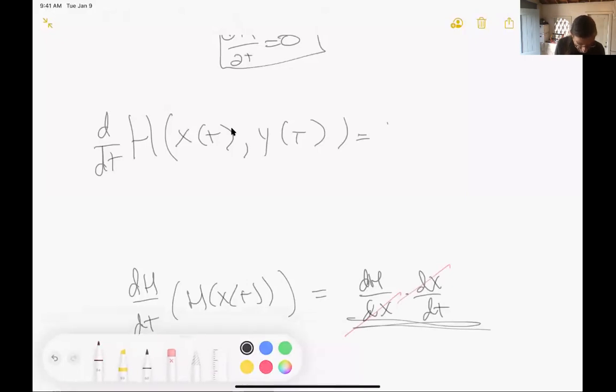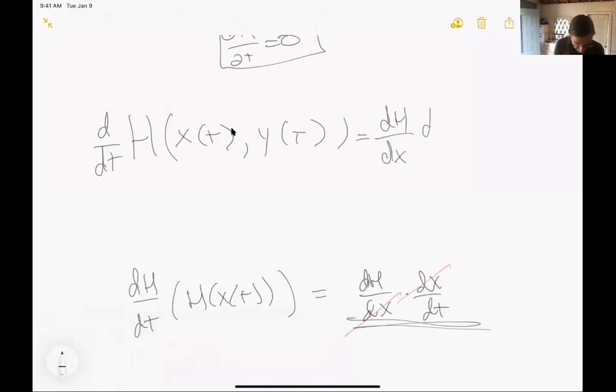You could do the derivative of h with respect to x times dx dt, but you could also do the derivative of h with respect to y times dy dt. The multivariable chain rule means you do both and you add them, so that gives you the derivative of h with respect to t.